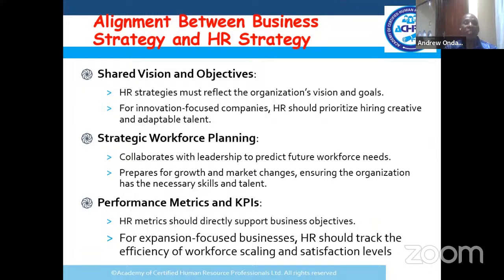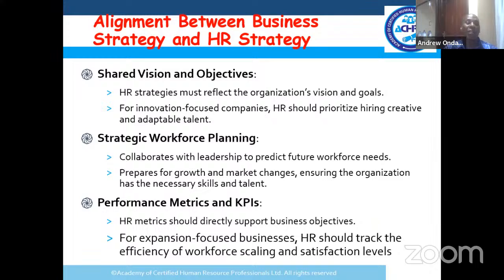I may have indicated before that whatever we do as HR managers is intended to satisfy the business strategy. Whether it is training, whether it is recruitment or compensation, we are there to satisfy or achieve the business strategy.